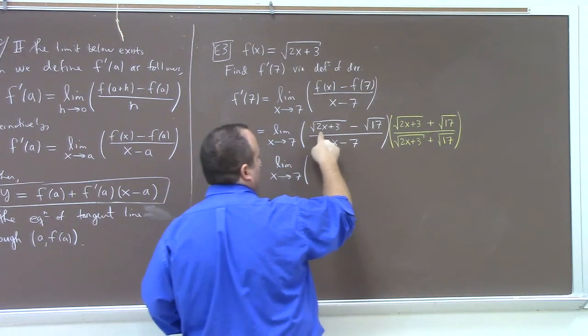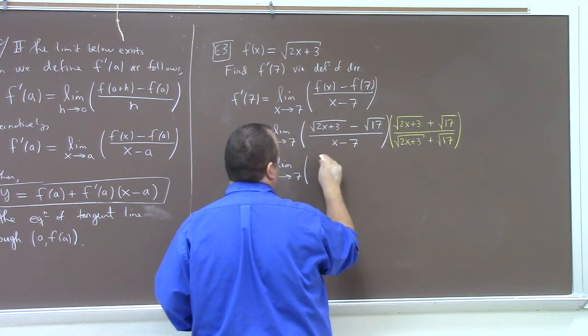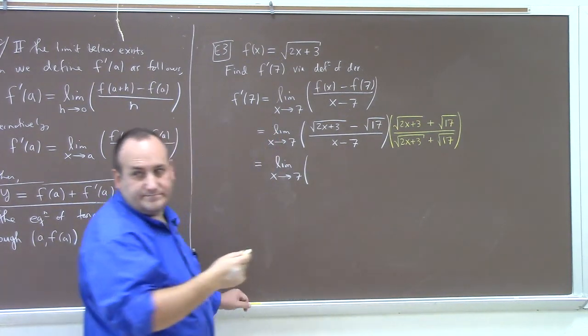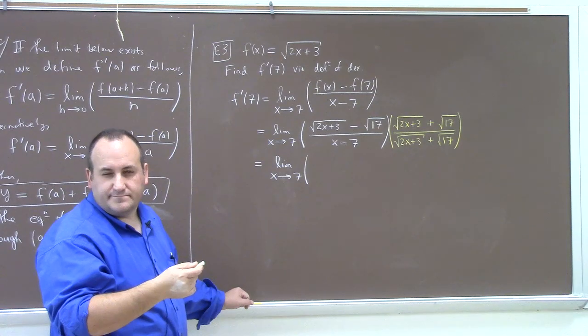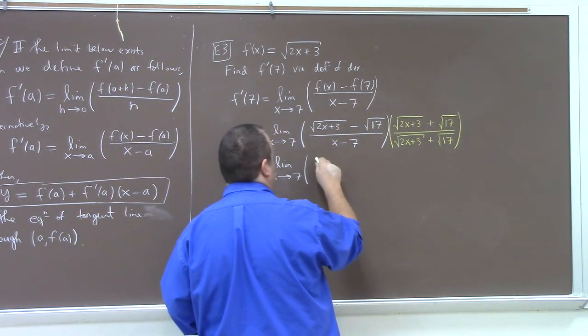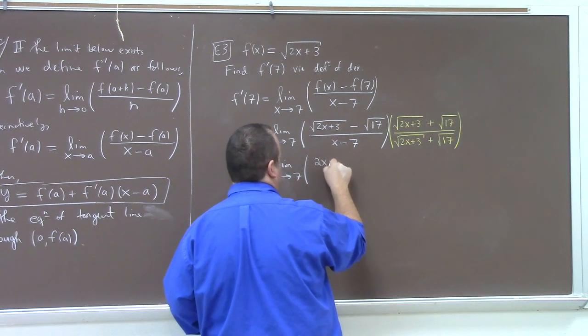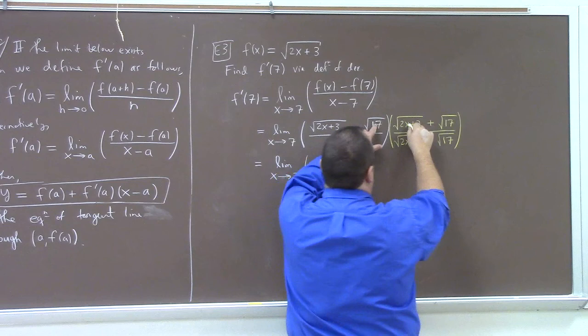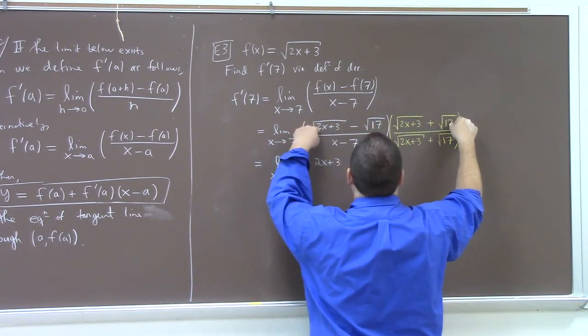So the square root times the square root gives me, well, I'll tell you what, would it be okay if I skip a step here? So this is going to give me 2x plus 3, and then the cross terms cancel. See, this times this and that times that are the same, but with the sign difference.